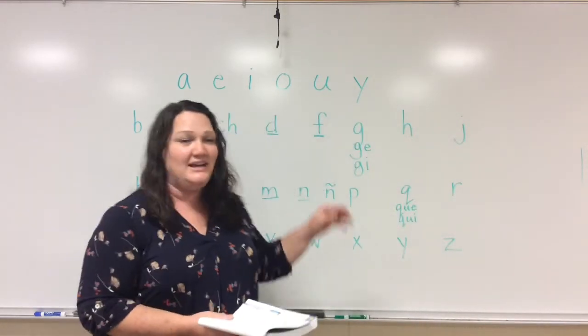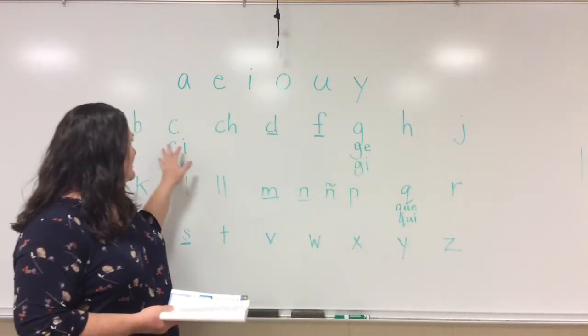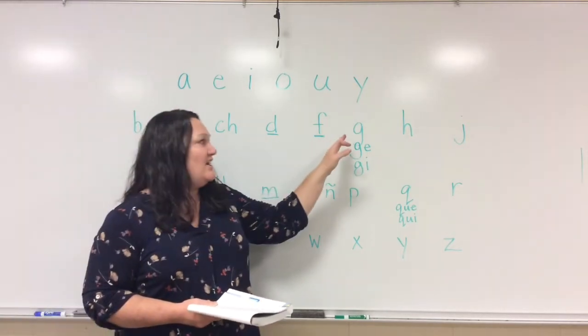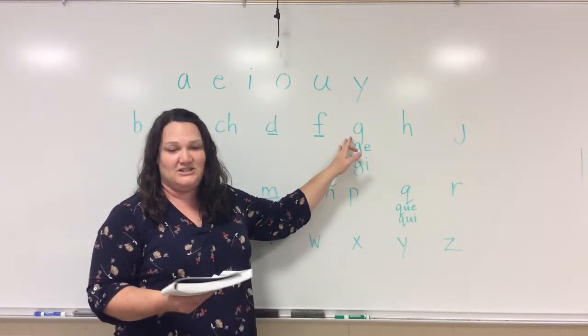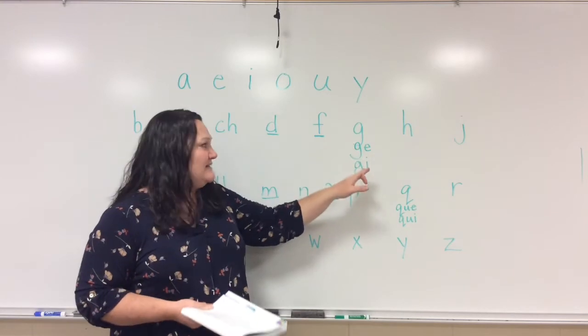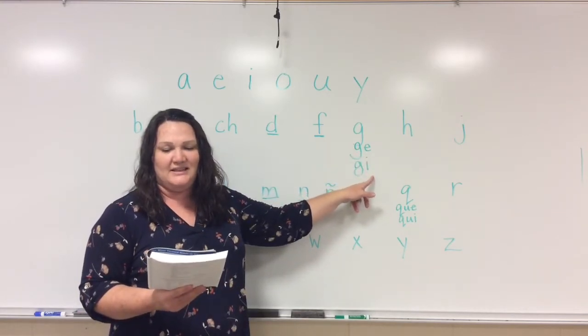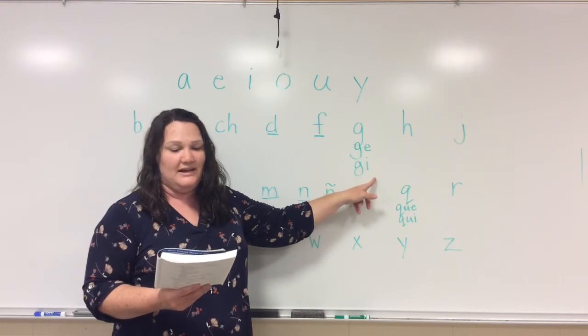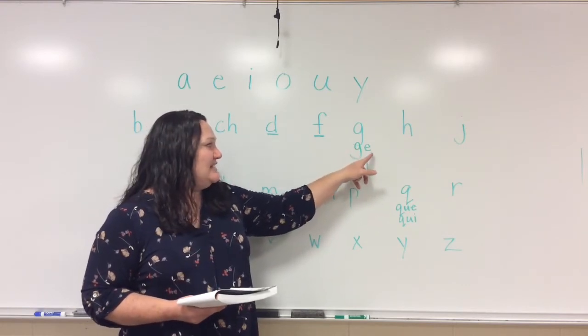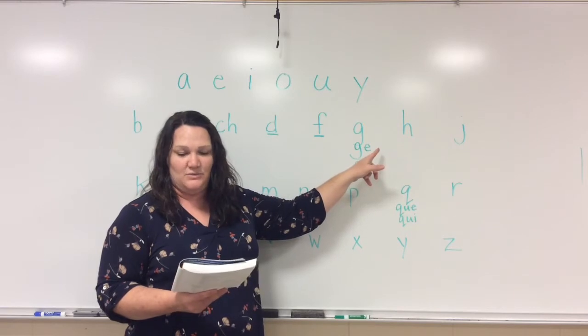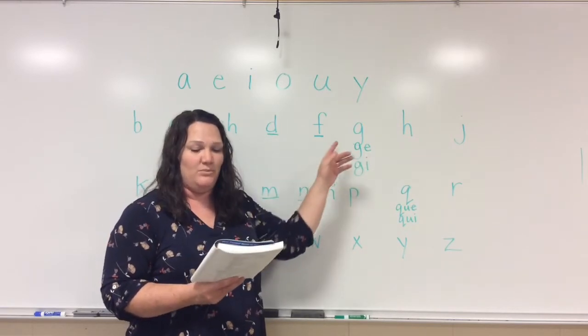Now our G is just like our C. It has 2 sounds. Has the hard sound, G, just like in English. And then if it's followed by an E or an I, it makes the H sound. Okay, so if it said G-E, here's a word on our sheet if you're following along in the book.